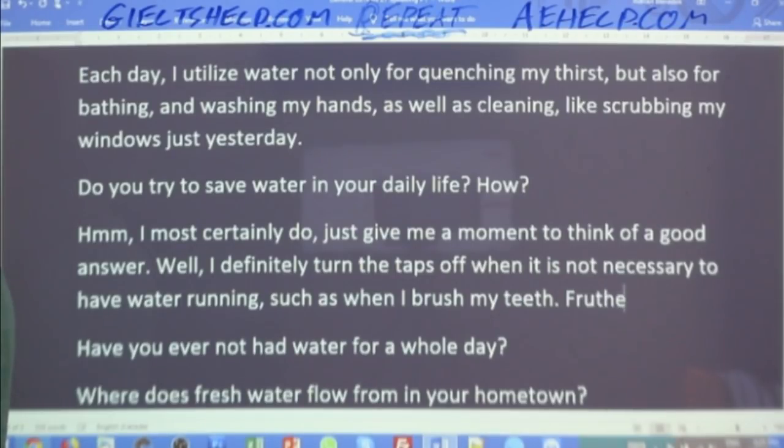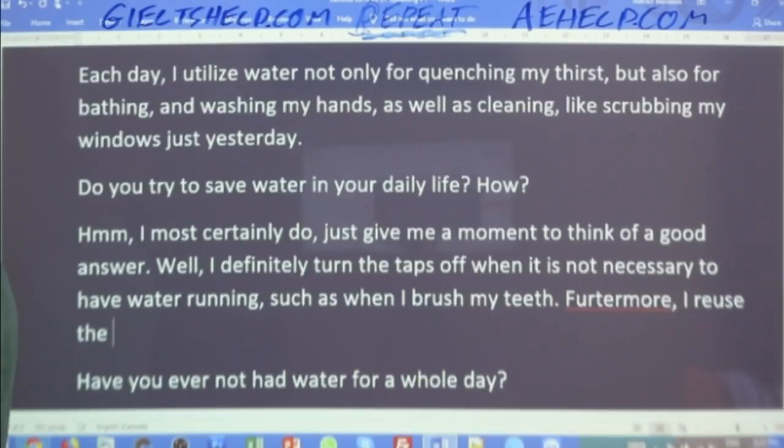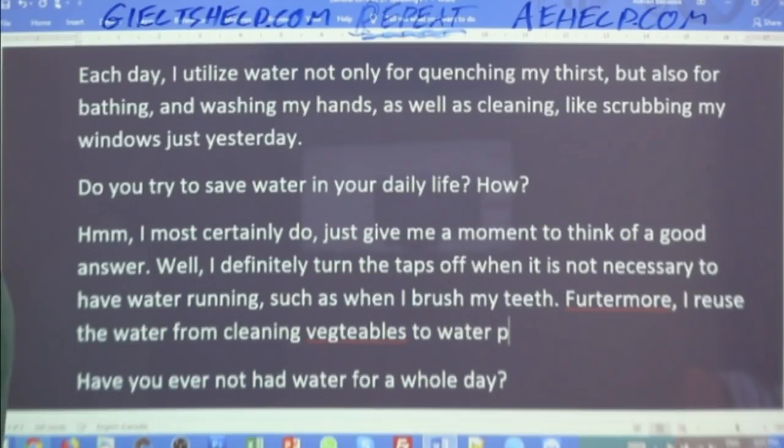Furthermore, I reuse the water from cleaning vegetables to water plants.